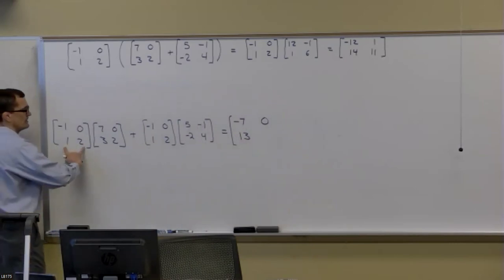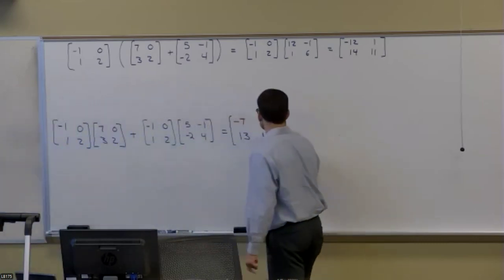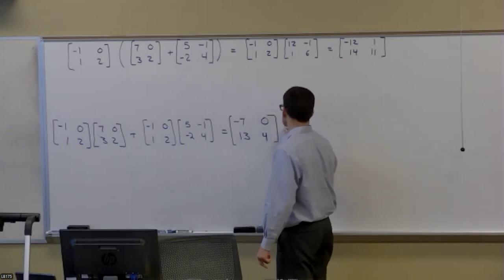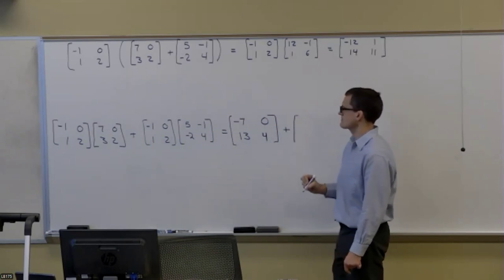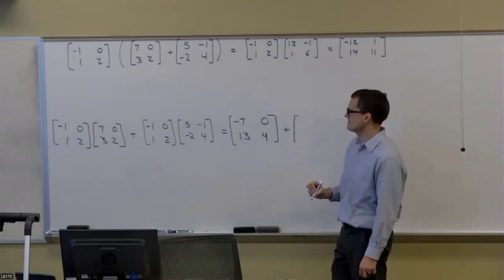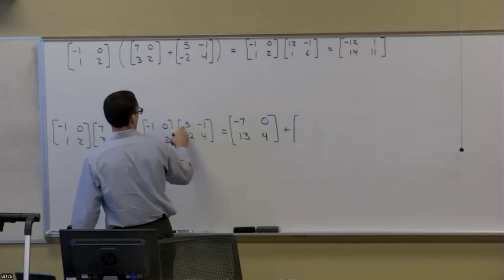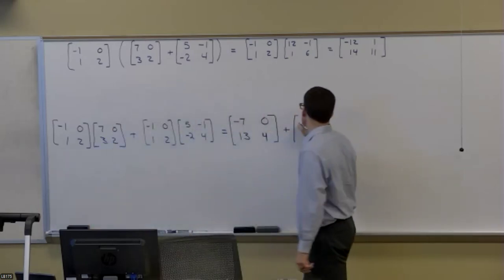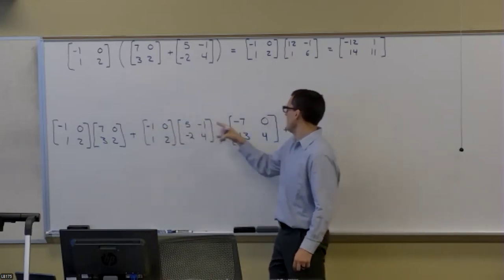And then 1, 2 times 0, 2 is 0 plus 4, that's 4. When you do this one, we get -5 plus 0, then we get a 1.